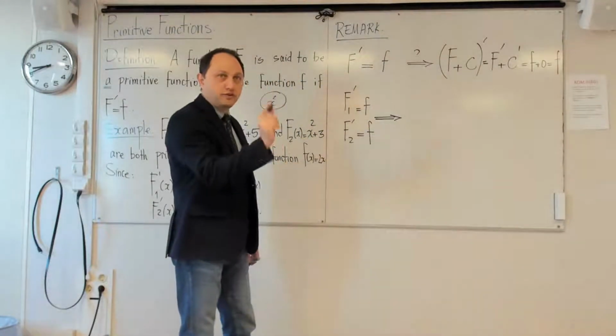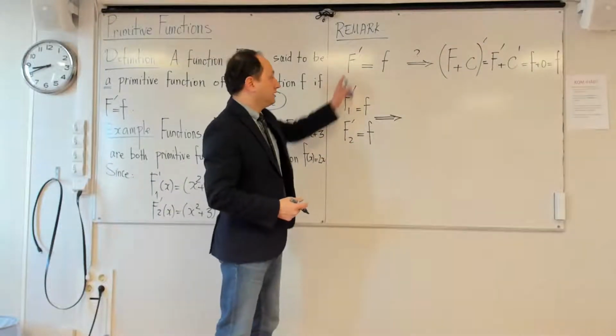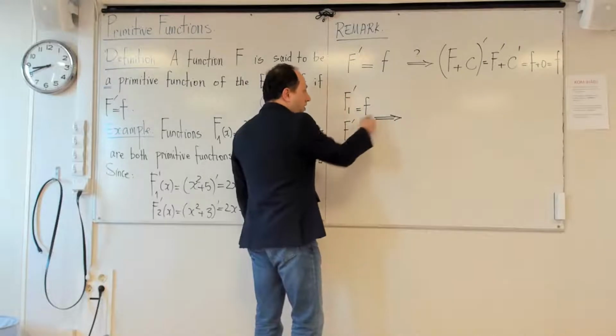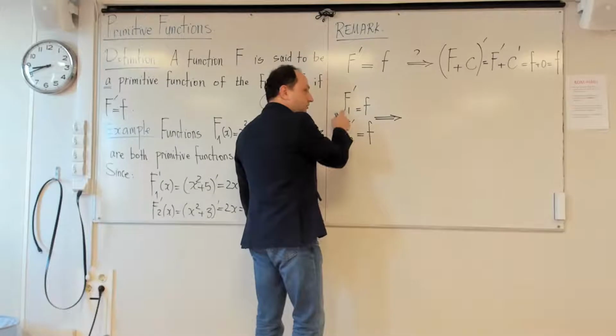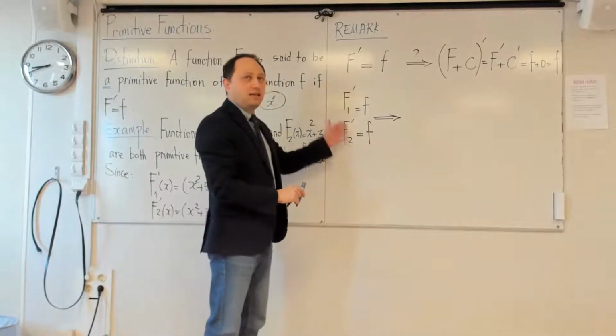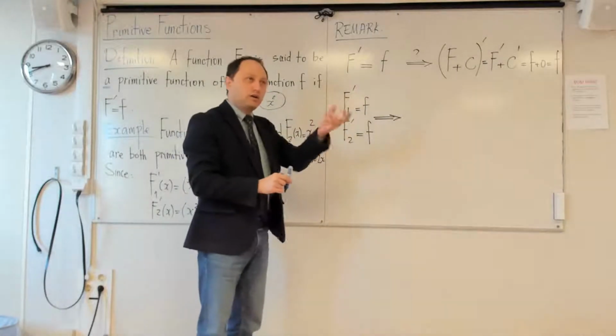They at most differ by a constant. This is not trivial. This is different from here. Okay? So if I have two functions whose derivatives are the same function, they cannot be totally different functions. They are either exactly equal or they can at most differ by one constant, that is.